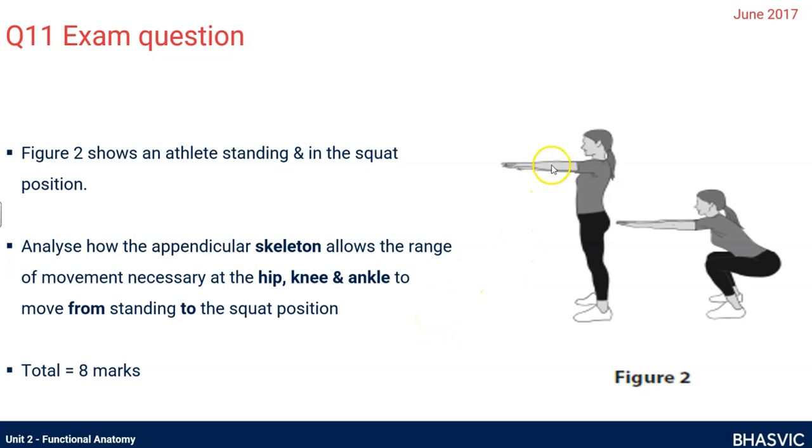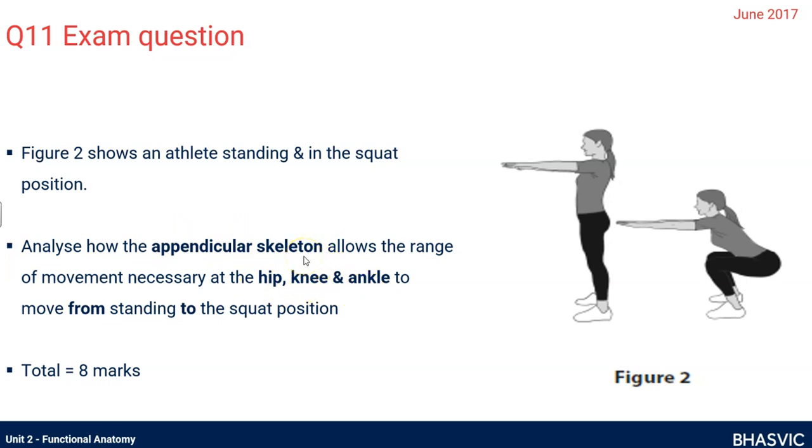So here's a question 11 that I think you might have seen in the previous video. It's a person going from standing to squat, and it gives you this bit of preparatory information. Literally the first phase of this process is interpreting the question. The question directs you to the fact that it only wants you to discuss the appendicular skeleton, because these three joints it wants you to analyse are within the appendicular skeleton.